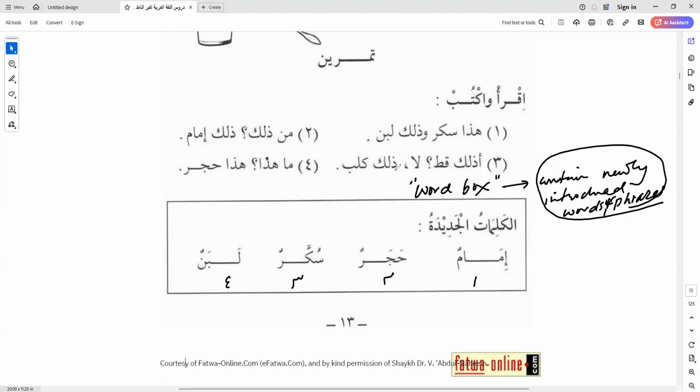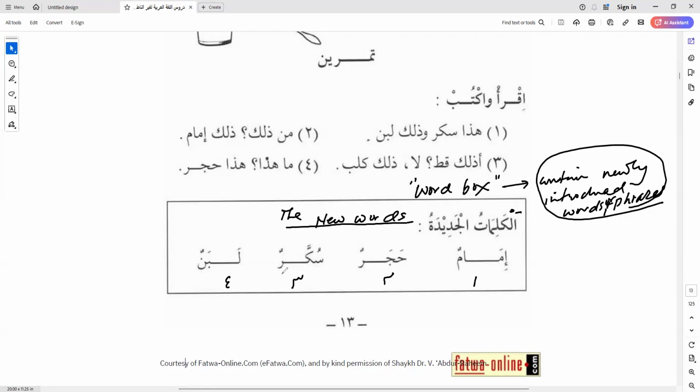Lesson 4 is going to have it. So you need to pay particular attention to the word boxes. And they are all entitled Al-Kalimatul Jadida. New words. Or if you will, the new words.